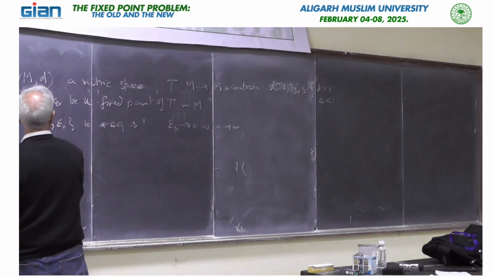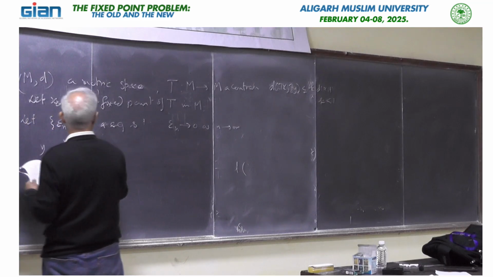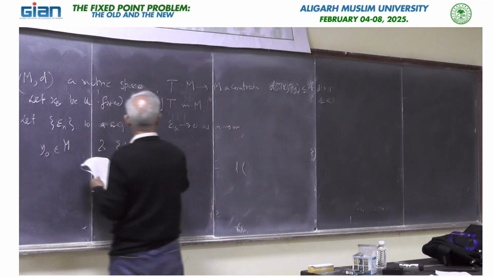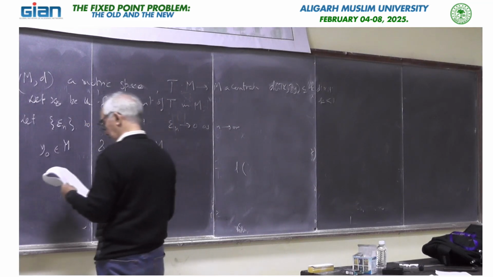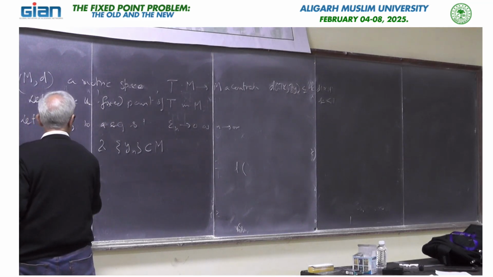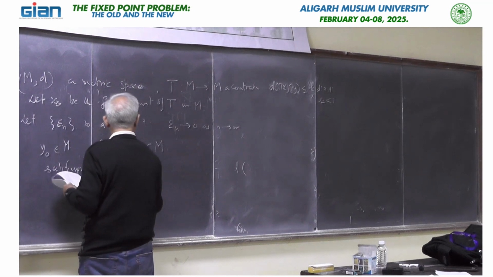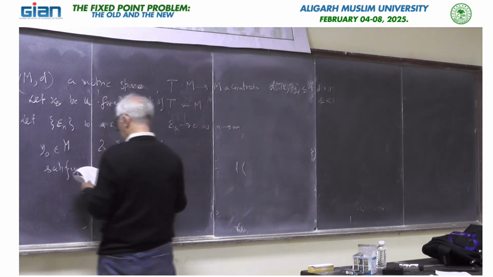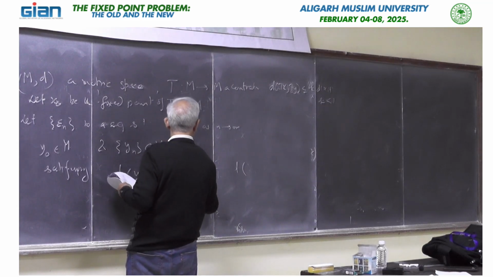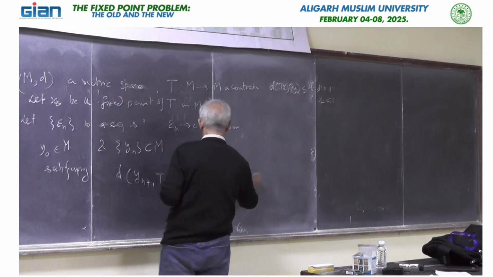Let y_0 be in M, and the sequence y_n be contained in M, satisfying d of y_{n+1}, T of y_n is less than or equal to epsilon_n for n equal to 1, 2 and so on.